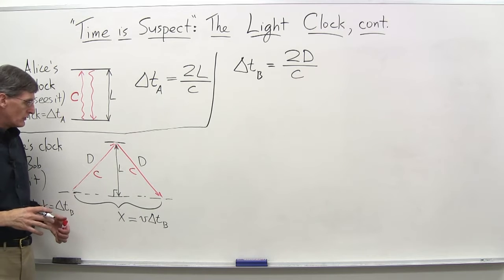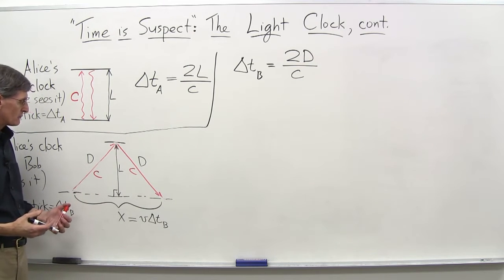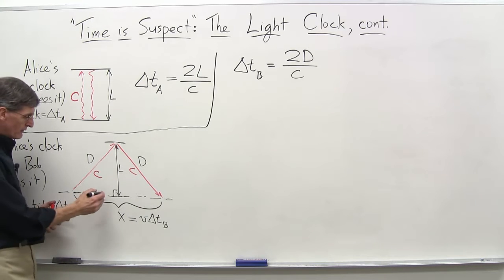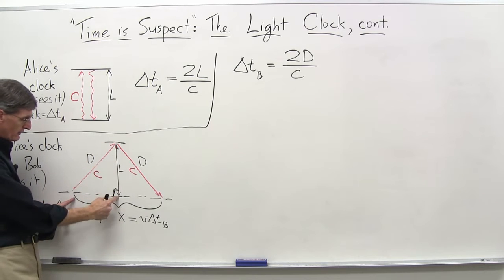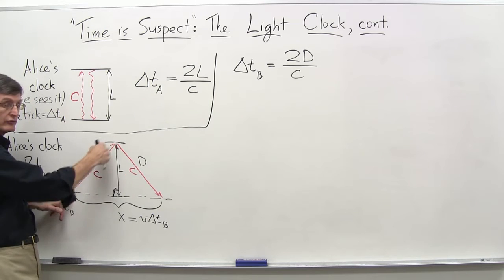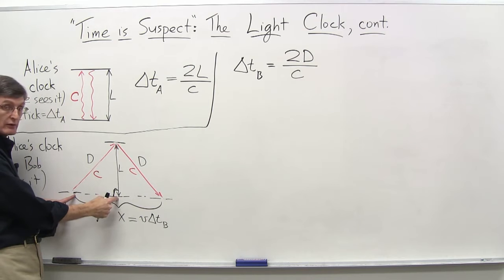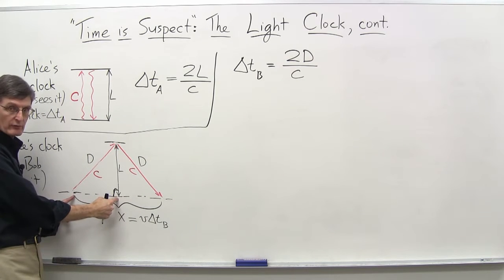Well, if you remember your early algebra, the Pythagorean theorem, right triangles. And what we have here is a right triangle. We have L as one side. We have this distance here as the other side, and d is the hypotenuse. So if we knew what this side was, we'd have d squared equals L squared plus this side squared.